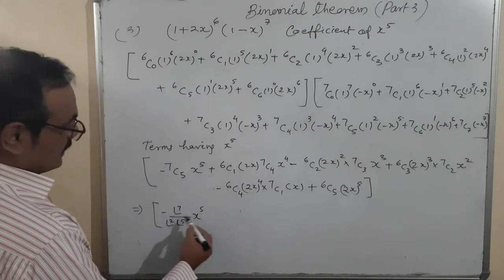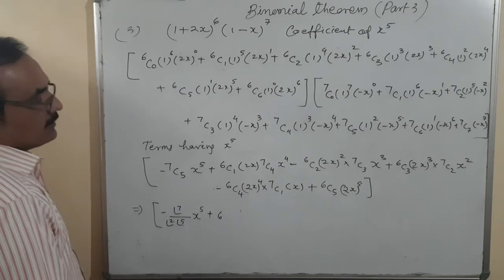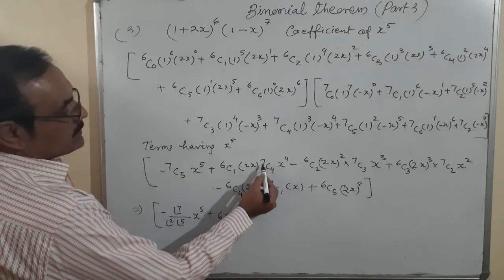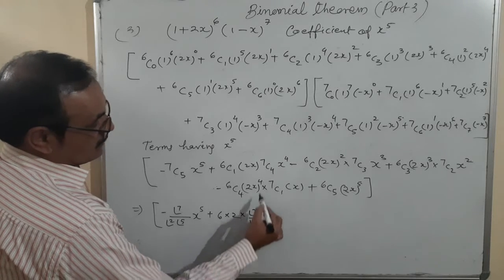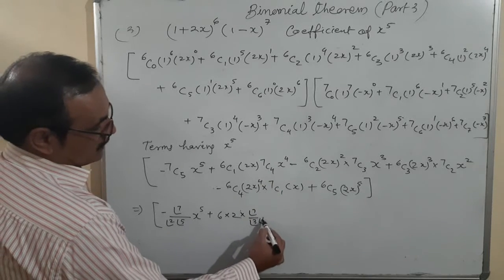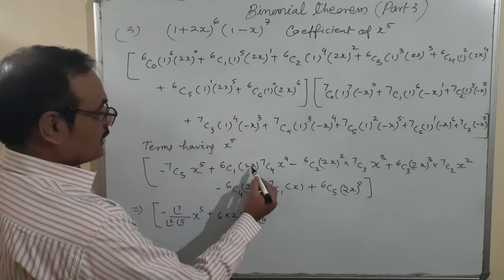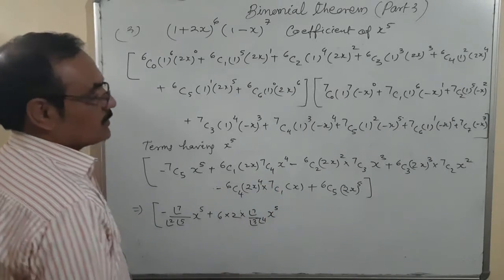This is minus sign and then plus sign 6c1, it is 6, multiply by 2, multiply by 7c4, factorial 7 upon factorial 7 minus 4, 3, factorial 4. Okay, x to the power 4 and x to the power 5. Okay, so that term is over.